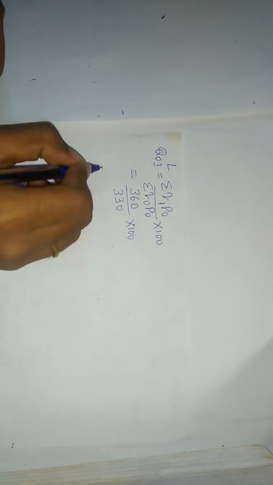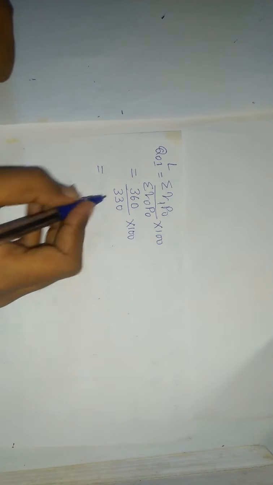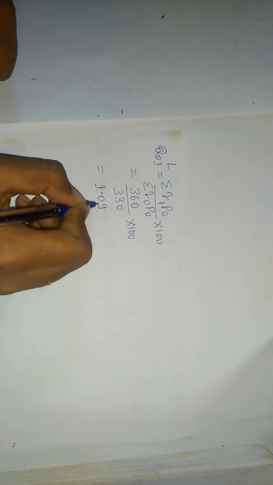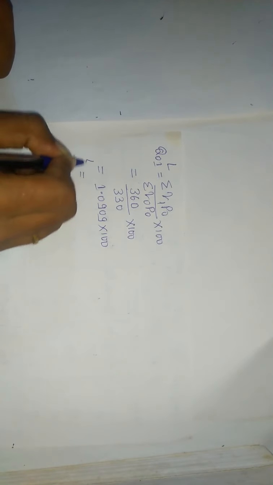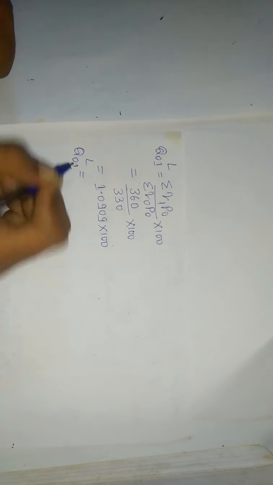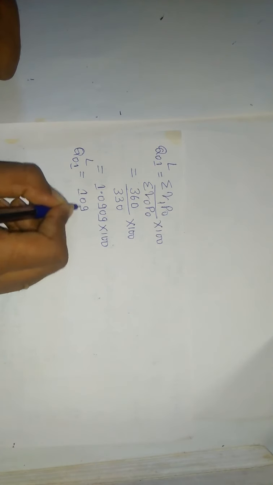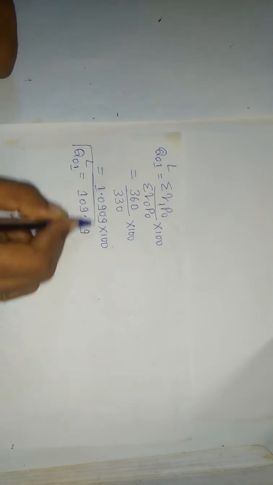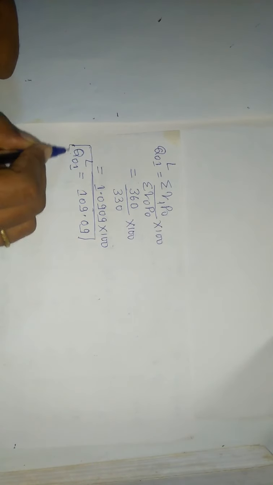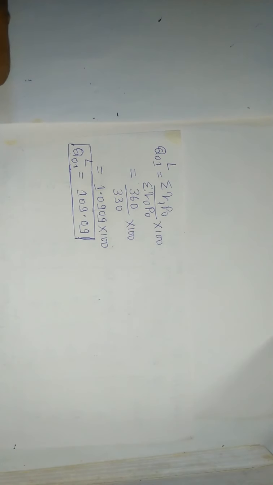So 360 divided by 330 is 1.0909 into 100. So the answer for Laspeyres quantity index number is 109.09. You have to put a bracket around the answer, that means you have to highlight the answer.